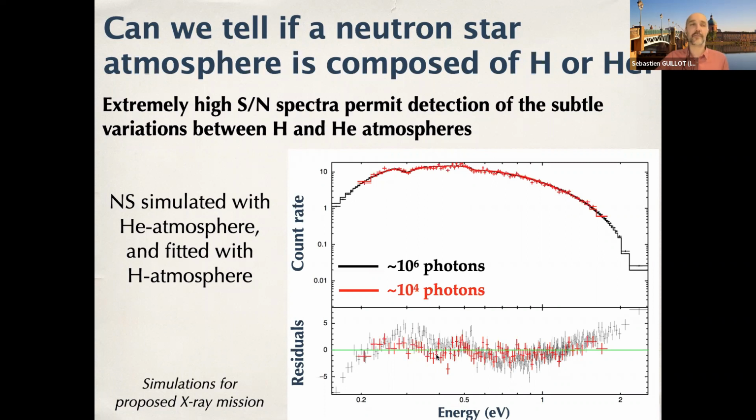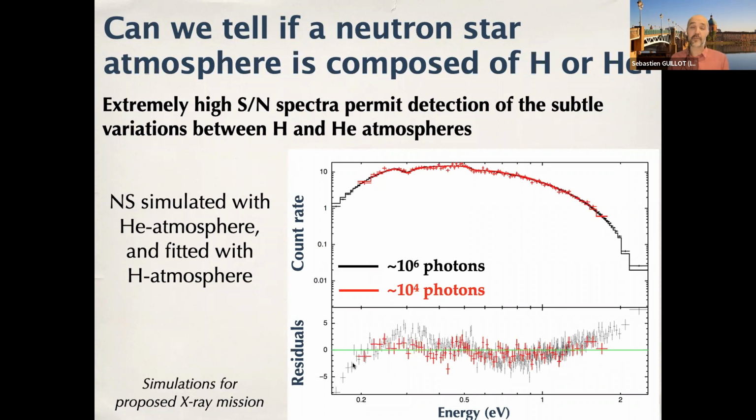This is the data set for a neutron star simulated with a helium atmosphere and fitted with a hydrogen atmosphere. So basically, we are assuming the wrong composition, and you see that the fit is consistent with the data. So with 10^4 photons, you can fit helium and hydrogen equally well. But at 10^6 photons, you can start seeing some structure, and you can start to probe the subtle differences between those two models.